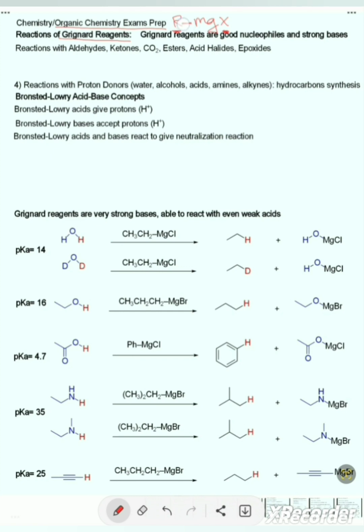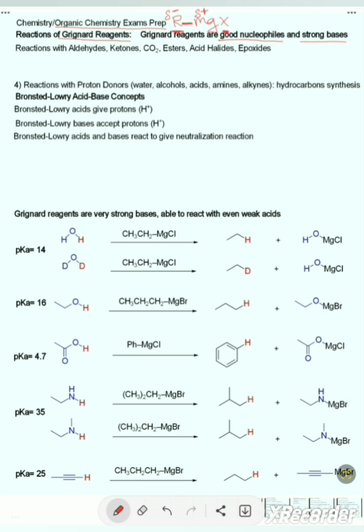So it's got some ionic character to it, and therefore the carbon, being more electronegative, gets a partial negative charge here, and the magnesium, being more electropositive than carbon, would get a partial positive charge. So now it's easy to understand why the Grignard reagents would be good nucleophiles. Now the question is, why are they strong bases as well?